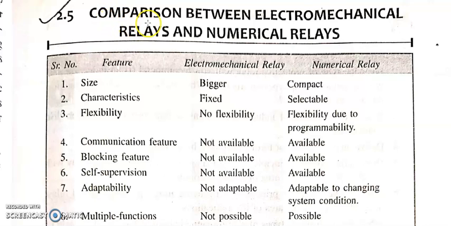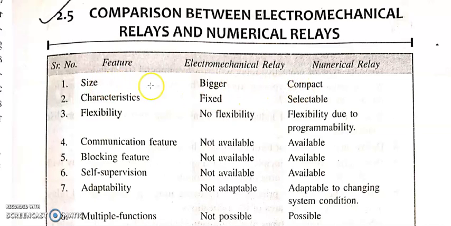Now let us see the comparison between the traditional relays, that is electromechanical relays, and numerical relays. In each and every aspect with respect to features, the numerical relay stands out; it is outstanding when compared to the electromechanical relay. It may be in terms of size, characteristics, settings, memory, or maintenance, the numerical relay does better.